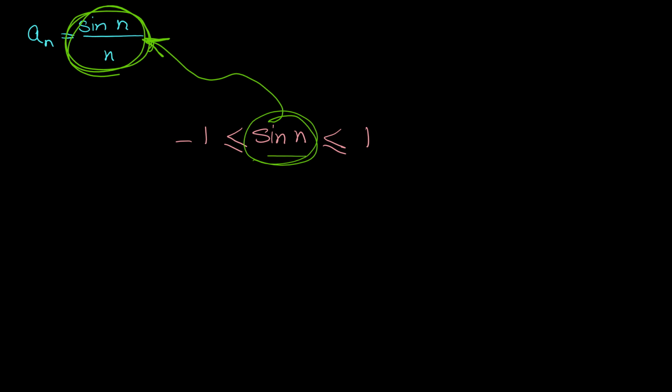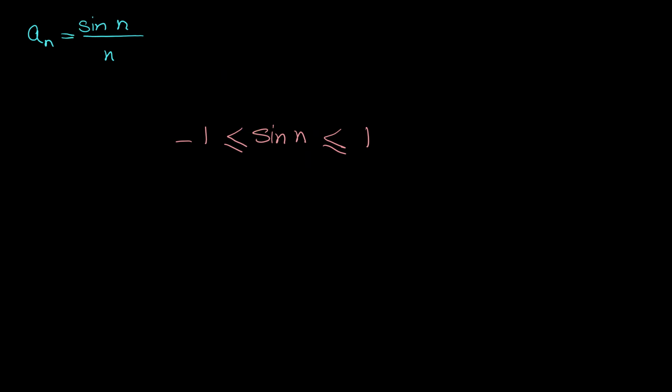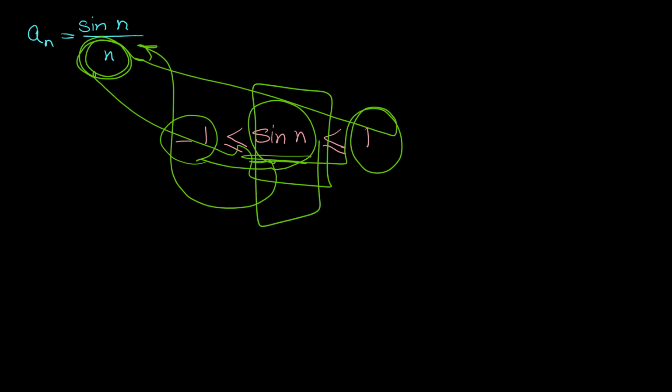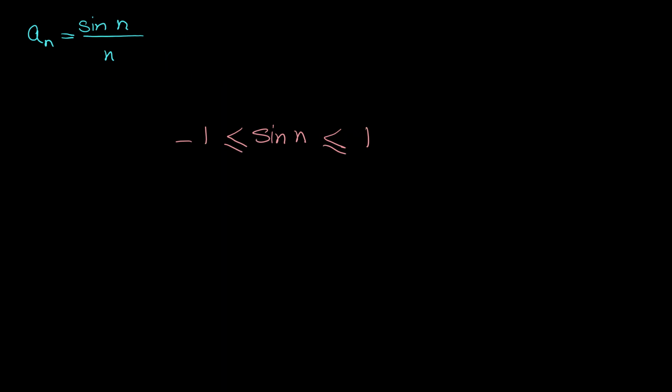If you pay attention, the difference between this expression and this expression here is this n in the denominator. So to make this similar to this, what we have to do? We have to divide left side, middle side, and the right side by n, because we want to make this expression in the middle exactly like this expression that we have in the given sequence.